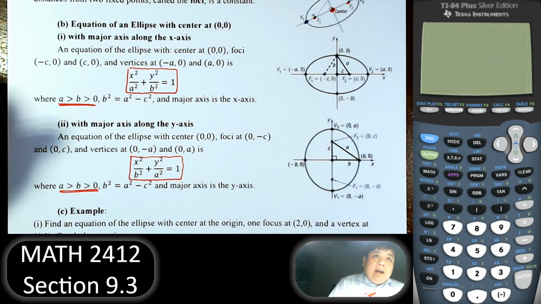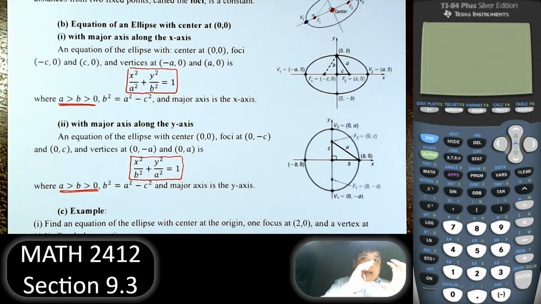Once again, the form is x squared divided by something plus y squared divided by something equal to 1. Whichever bigger number is under the x is going to be horizontal, and under the y is going to be vertical. Then we draw the box and then we graph. The graph is very easy.